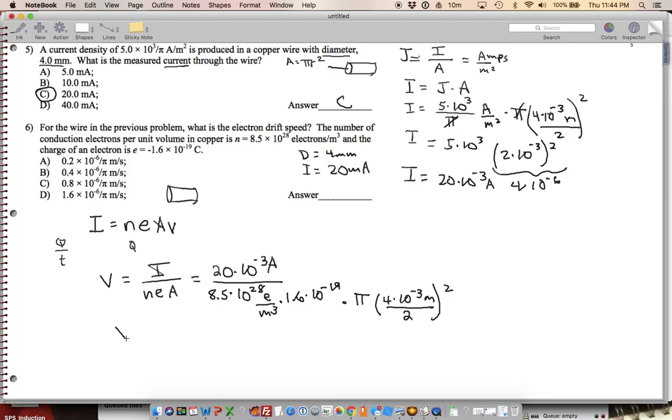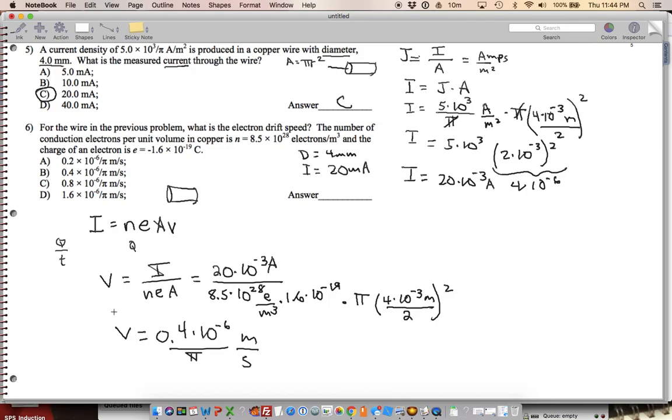If I multiply all that out, I plug all that into the calculator, and I get like 0.36, so round it up to 0.4 times 10 to the minus 6 over pi, and you get meters per second, which is a velocity.